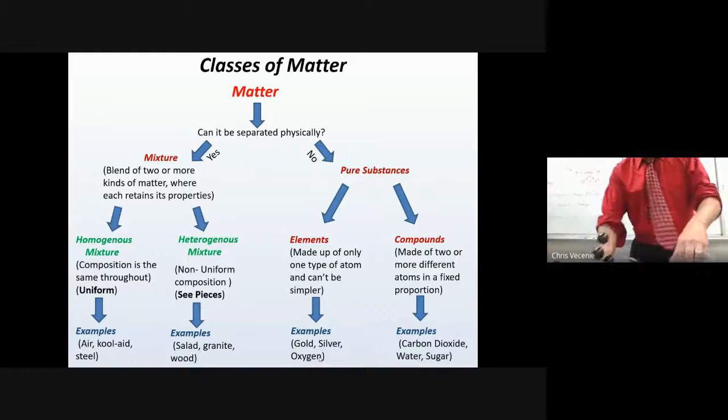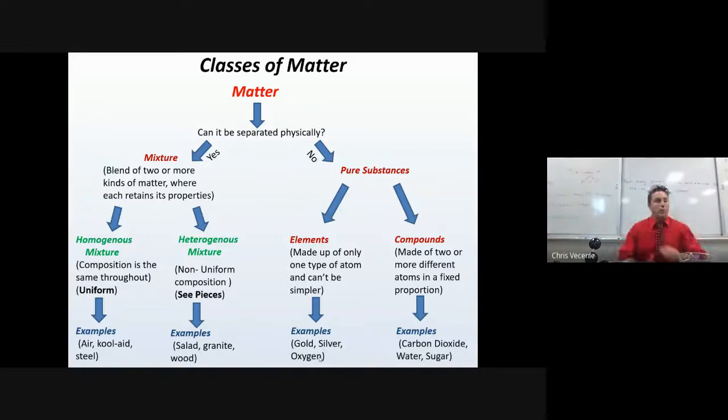Okay. All right. So what I have you guys do is go to 4 different stations. All right. Because we've got homogeneous mixtures, heterogeneous mixtures, elements, and compounds. And then what I do is I show you a real world sample of something like this. And then I show you the molecular substance, what it looks like at the atomic level.